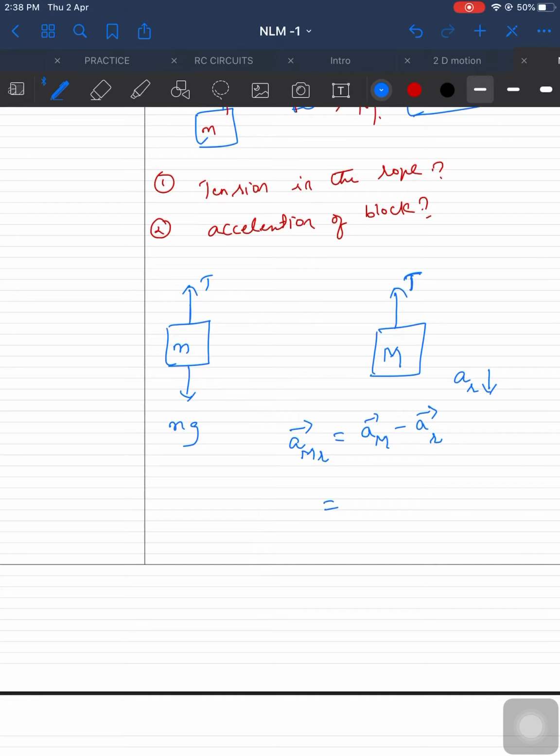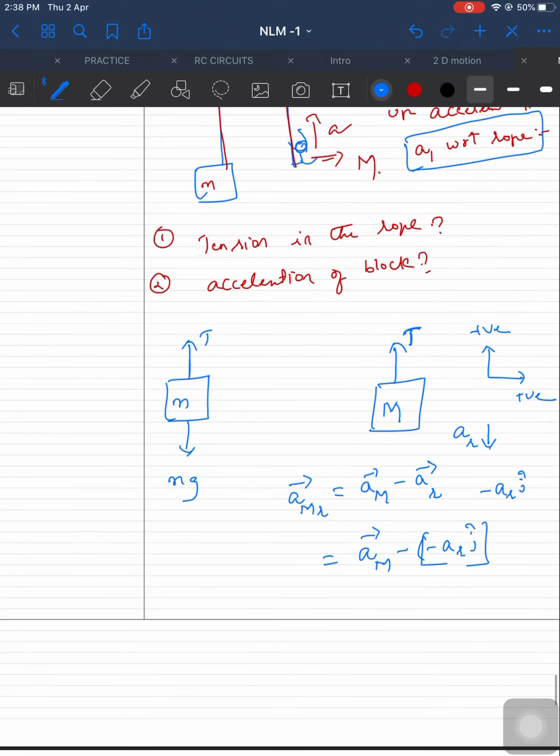And the actual acceleration of man we don't know. Let's take upward as positive, towards the right as positive. So acceleration of rope is minus AR j cap, and minus of minus AR j cap.